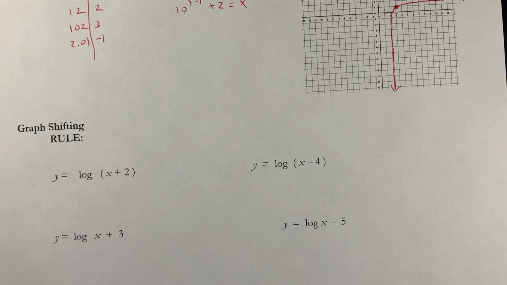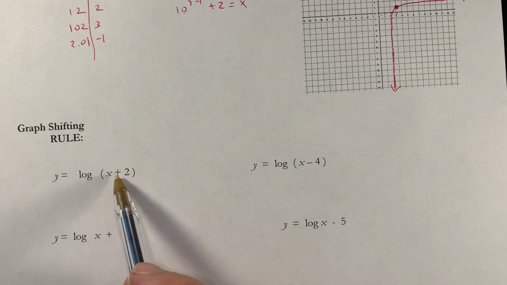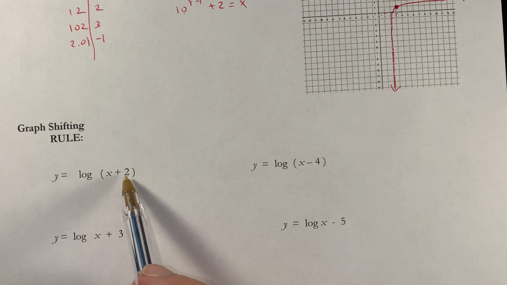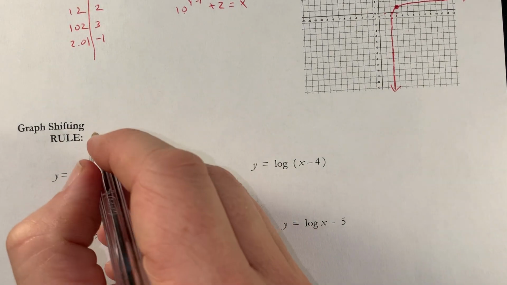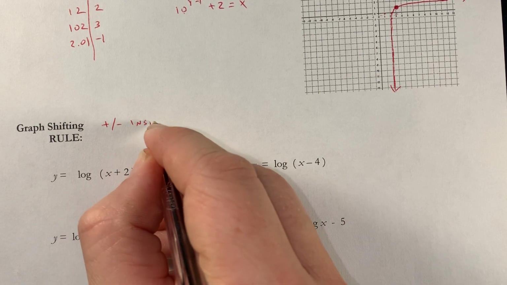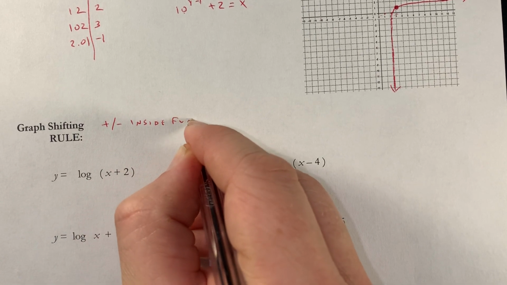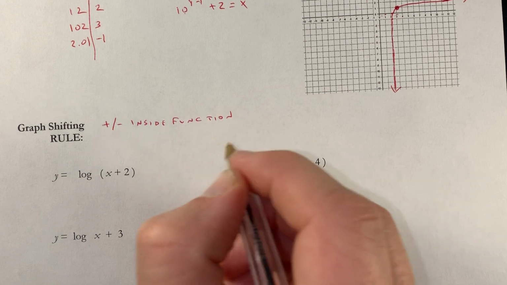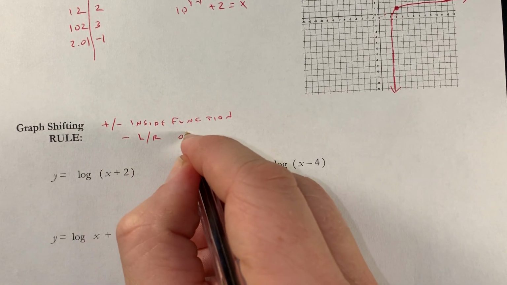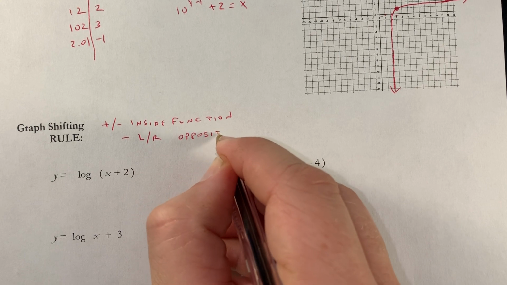So now we're going to talk about shifting graphs. Okay, when we have something added or subtracted inside of a function, that tells us to move left or right, opposite the sign. So add or subtract inside the function goes left or right opposite the sign.